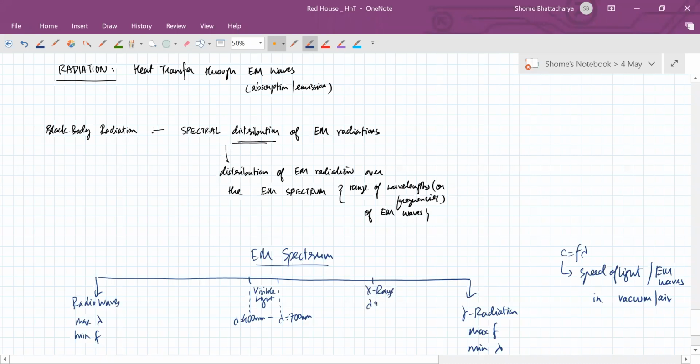They have wavelength of the order of angstroms. We have microwaves, which, as the name suggests, have wavelength of the order of micrometers. We also have infrared, ultraviolet, etc.